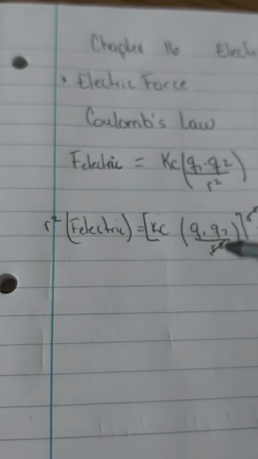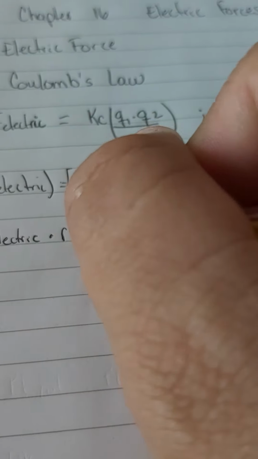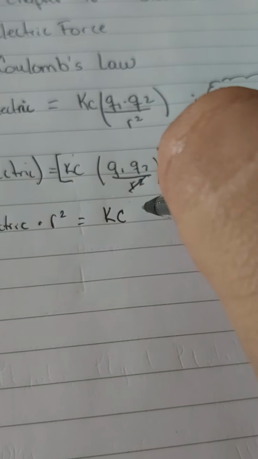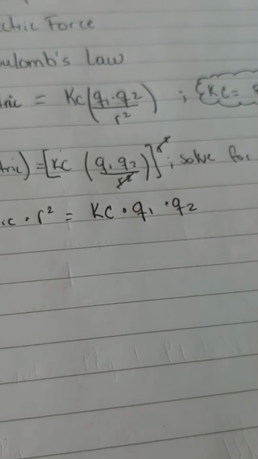So we get electric force times radius squared equal Coulomb constant times charge 1 times charge 2.